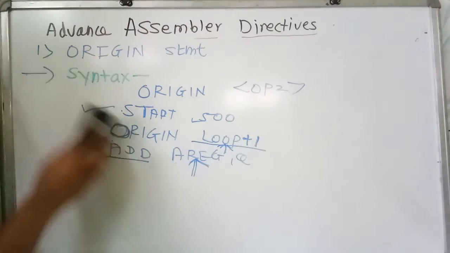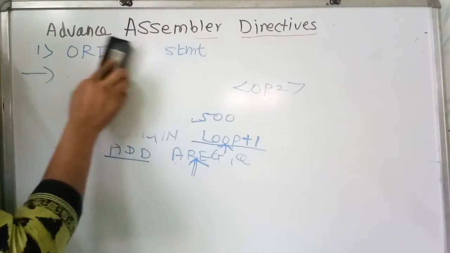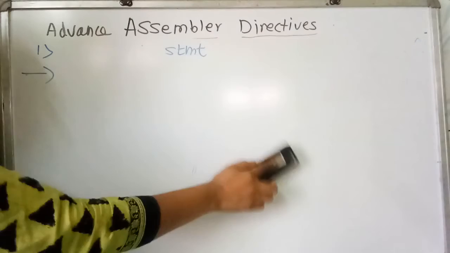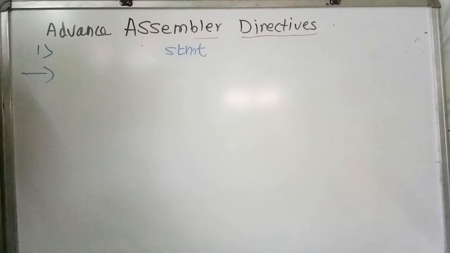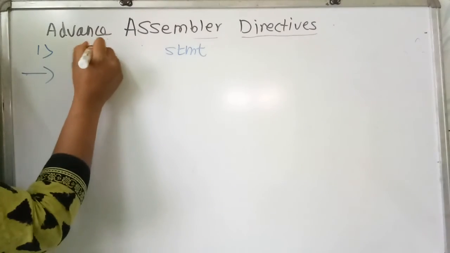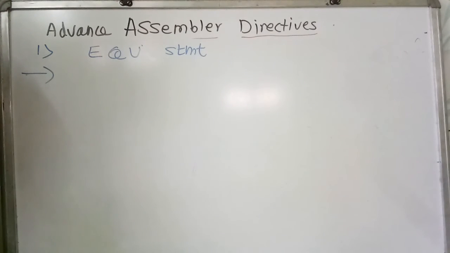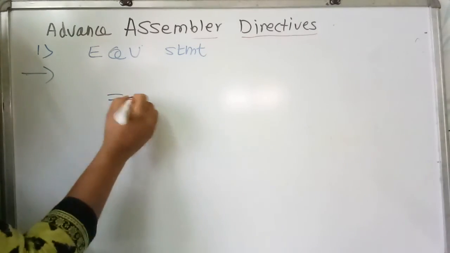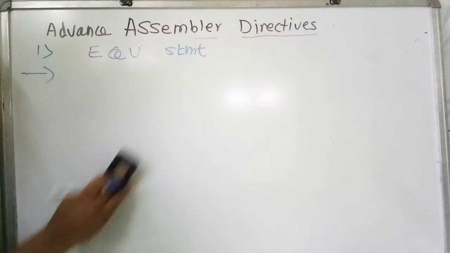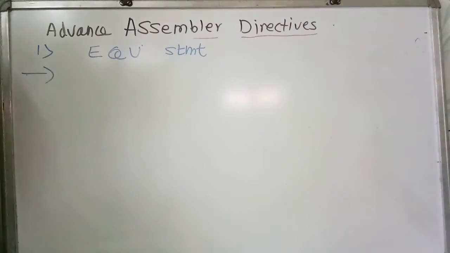Coming to the next statement, that is the EQU statement. This directive simply associates the name, means its symbol, with the operand, means it works like an equal to mechanism. How does this actually perform?